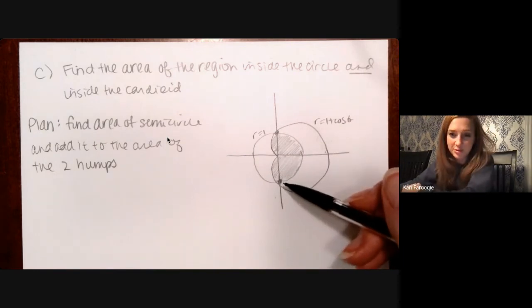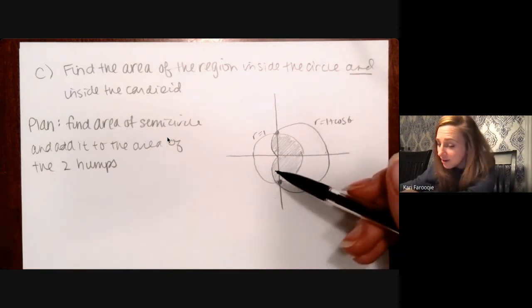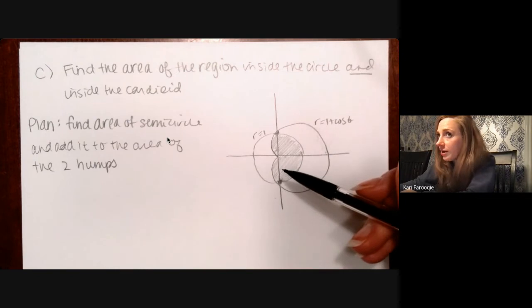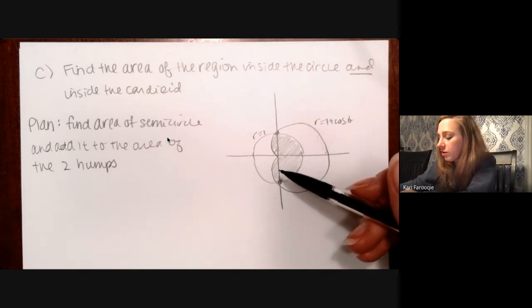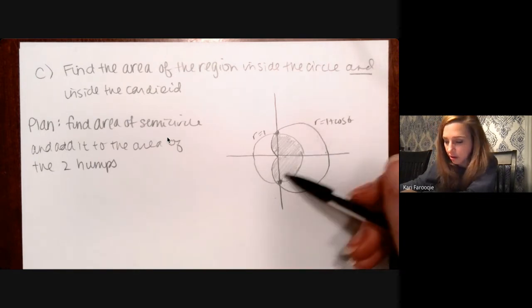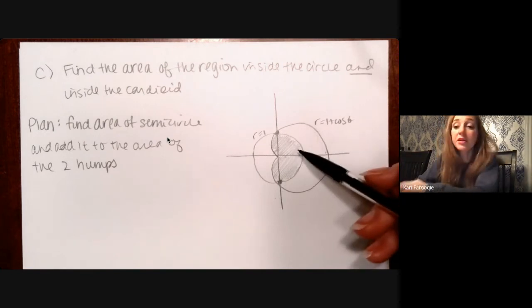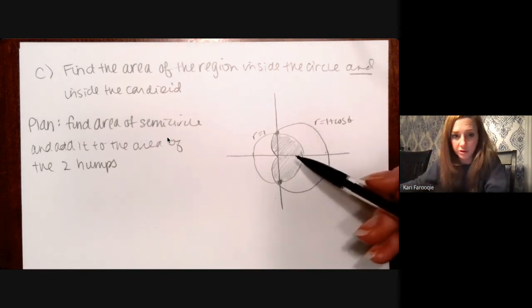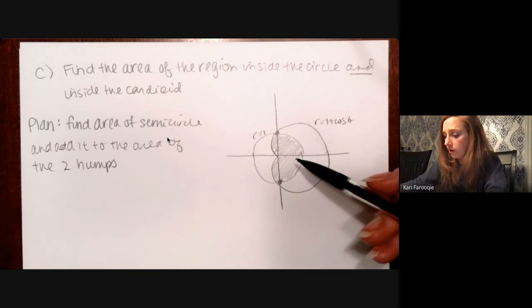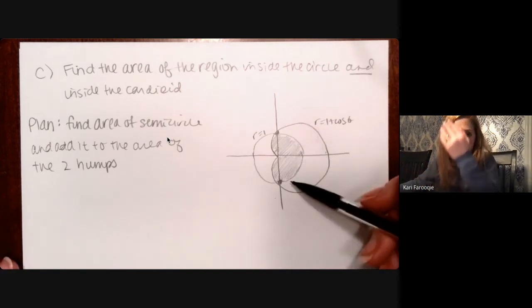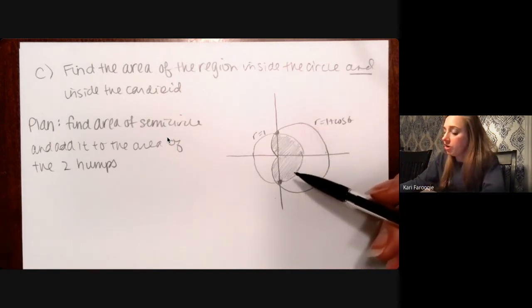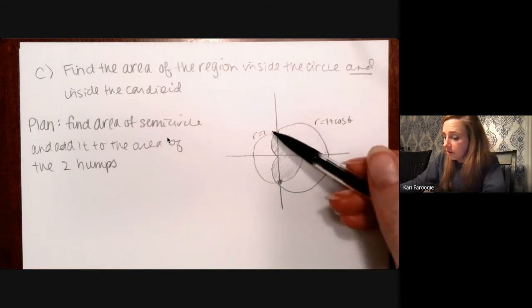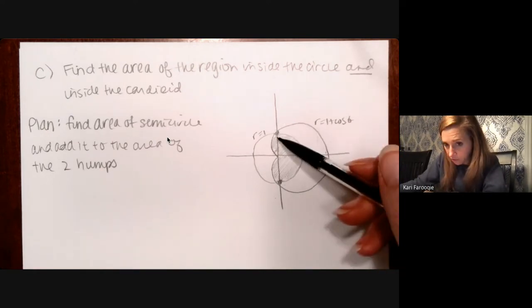Now, some of you might be wondering, like, okay, this is a circle. I know how to find the area of a circle. Why can't I just do 1/2 times pi r squared and just get half the area of this circle, r equals 1? That's fine. If it's just a circle and you just want to use geometry to find that area, that's okay. So we're talking about a radius of 1. The semicircle is just going to be half of your circle.